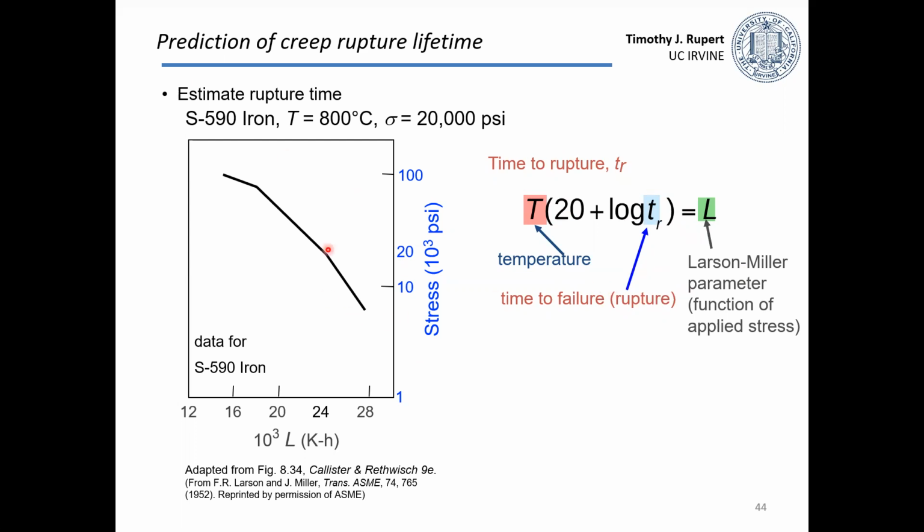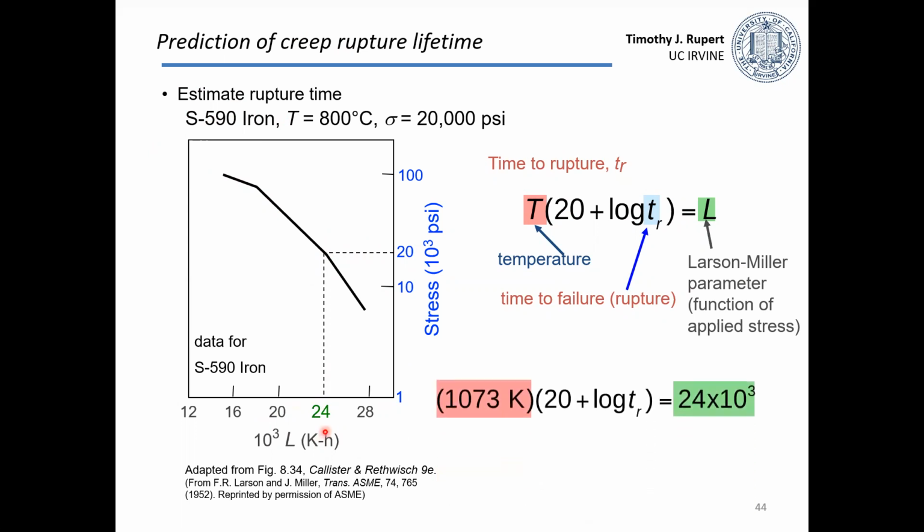So really what you need to go and do is know what this curve looks like for this given type of material. But in this case, if we know what stress we're at, we could read off this curve, go to 20,000 PSI, come down and see that this Larson-Miller parameter would be 24 times 10 to the 3.